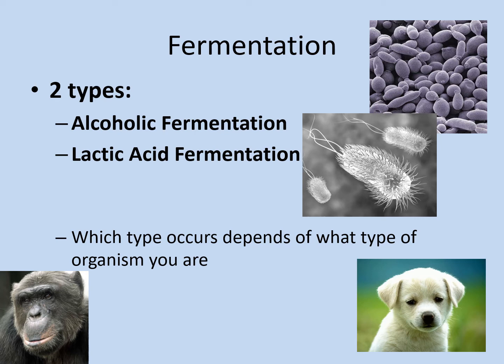And the type that you do depends on what type of organism you are. We have what's called alcoholic fermentation, and we have what's called lactic acid fermentation. Now, alcoholic fermentation will take sugar, and in the process will make carbon dioxide, ATP, and alcohol. Lactic acid will take sugar, and in the process make carbon dioxide, ATP, and a substance called lactic acid.